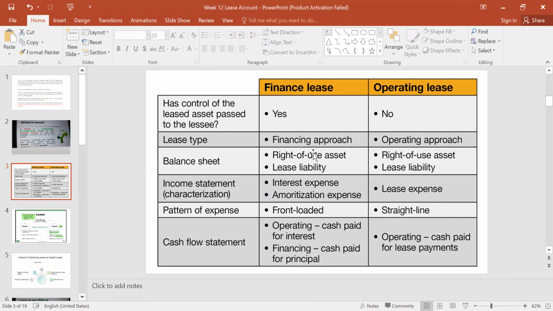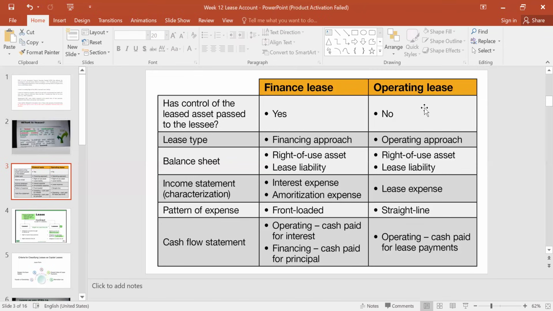For operating lease, the term is minimum 12 months or 1 year, maximum 5 years.